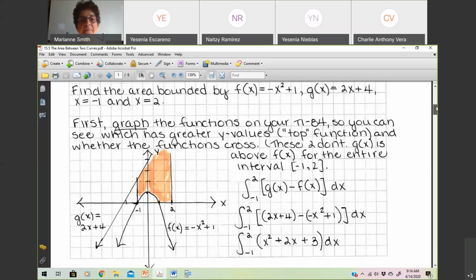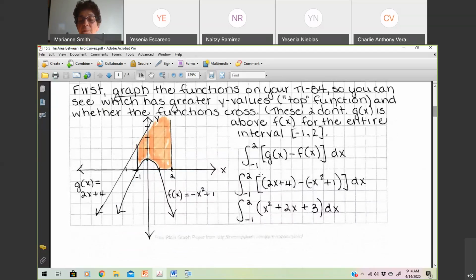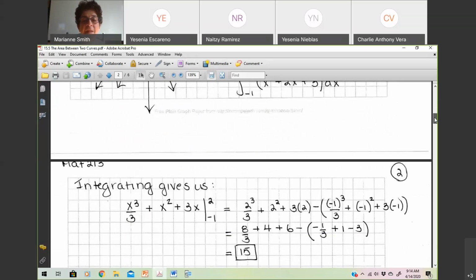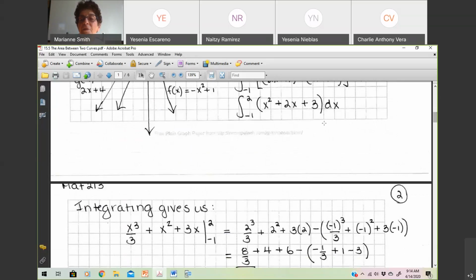All right, so the next thing I'm going to do is actually perform the integration. So remember, I take the antiderivative of the function, and then I'm going to evaluate it at the upper bound minus lower bound. If I integrate x squared, I'm going to get x cubed over 3. Remember, add 1 to the exponent, divide by the new exponent.